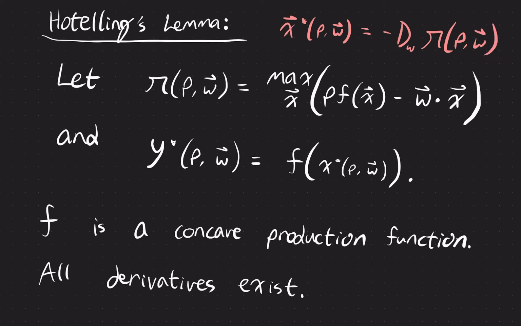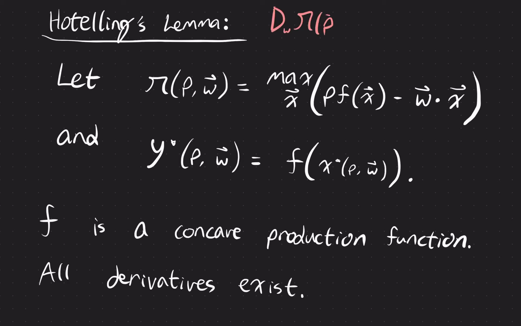So, first thing we're going to see is we're going to take the w gradient of profit because we can use the envelope theorem. So, the w gradient, or sorry, if I've been saying profit, I meant prices. My apologies. Or wait, no, sorry, this is profit. It's been a long day, I'm sorry. So we're going to show that this gradient is equal to negative times the x star vector.